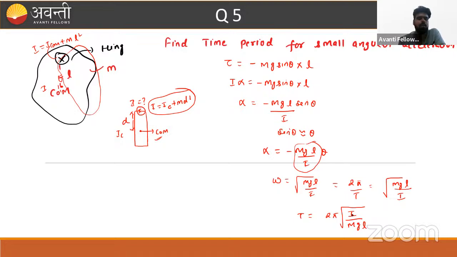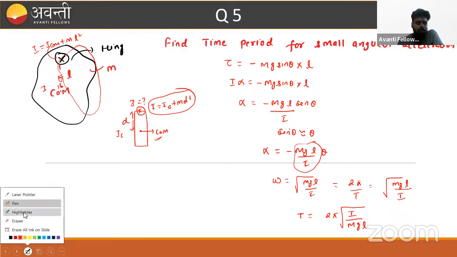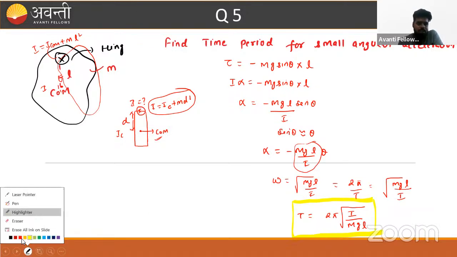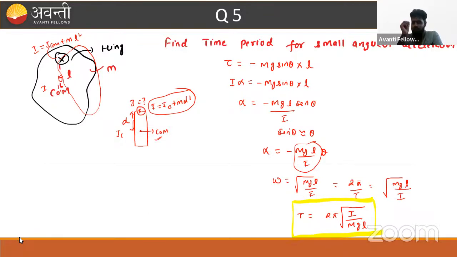This is a very important formula, beta. Why is it very important? Because a lot of questions were asked in previous years on this concept: what is the time period of a rigid body which is hinged at any point except its center of mass? What is I here, beta? Anyone can answer what is I here.